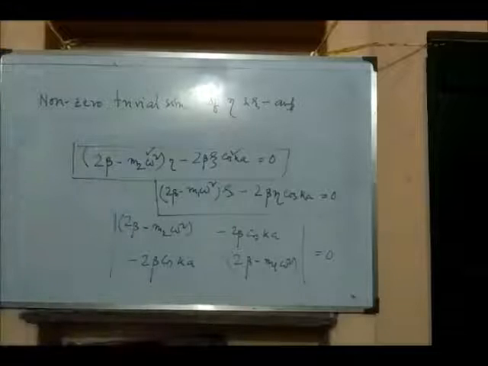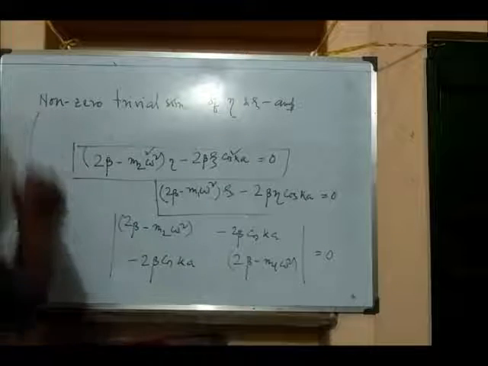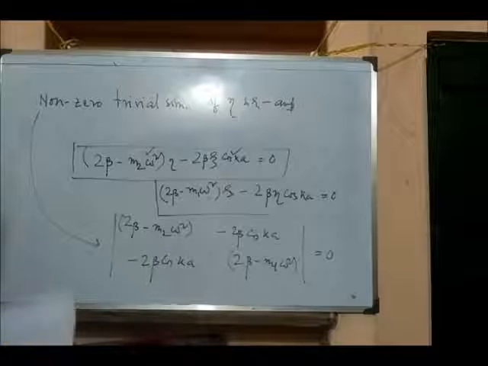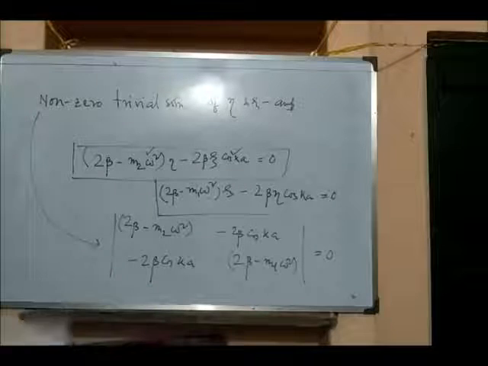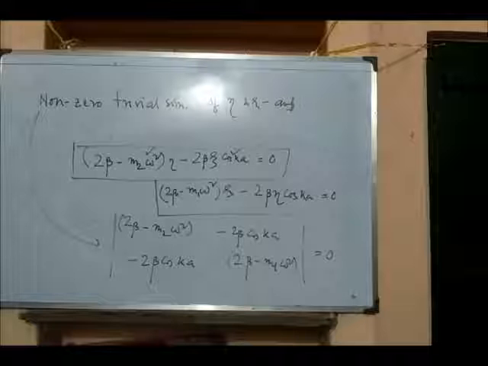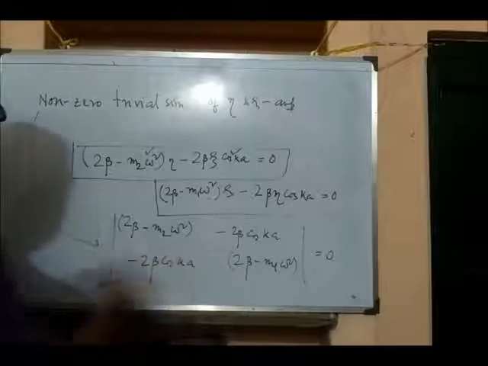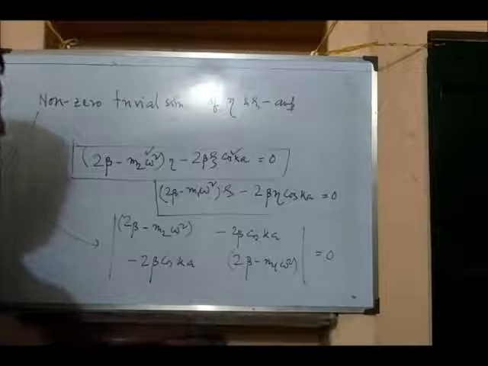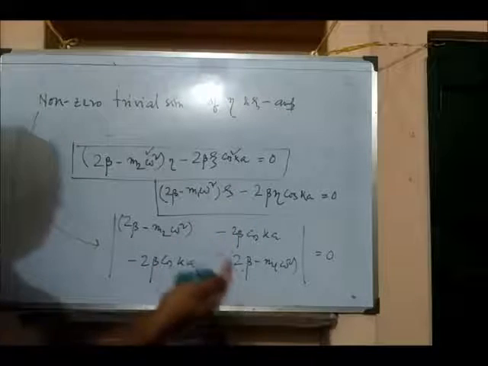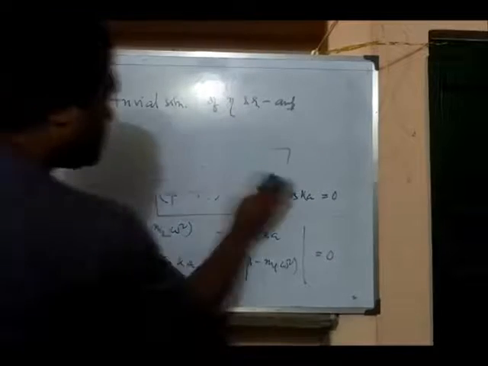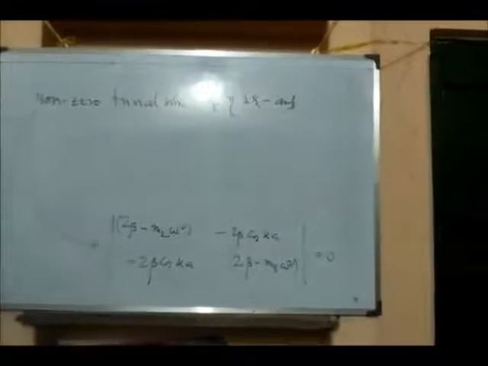For a non-zero, non-trivial solution, the determinant must be equal to 0. Okay, so as the determinant is equal to 0, now I have to simplify and solve this equation to get the values of omega.